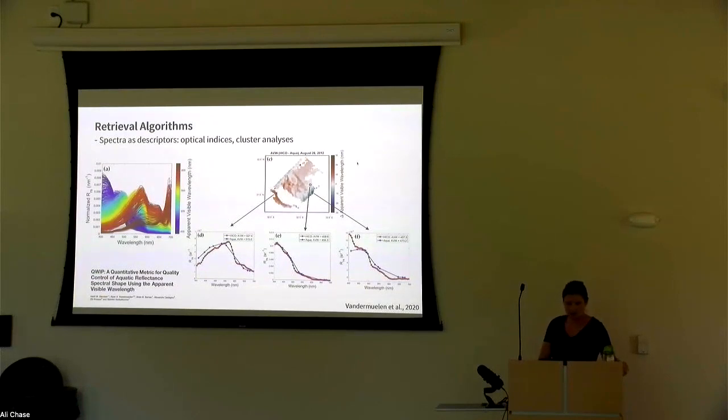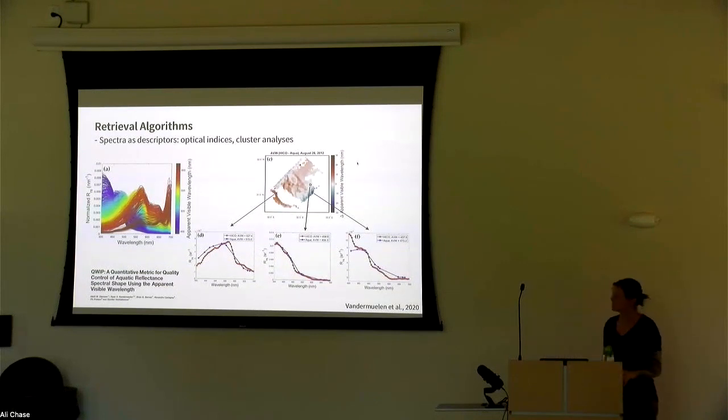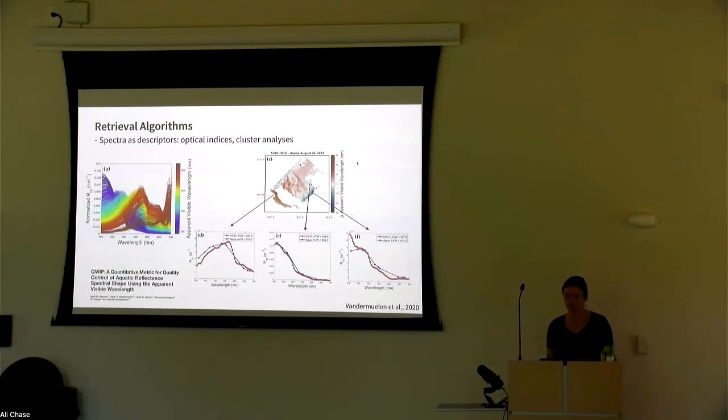And just to go through in a little bit more detail, some of the approaches that are used with hyperspectral, both reflectance and IOPs. Vandermeulen et al. 2020, and then Dierssen et al. soon after, did some work to look at the apparent visible wavelength of Rrs.